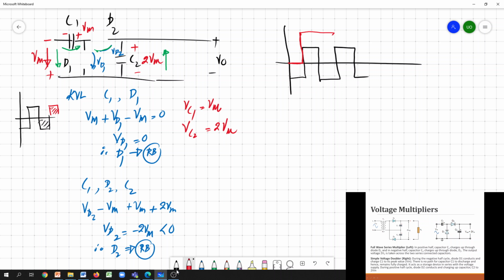So then the output is simply the voltage measured across capacitor 2. If we connect a load resistance creating a high time constant, whatever the voltage across this capacitor 2 remains as it is. So then this capacitor 2 acts as a kind of source to the circuit you connect to here.